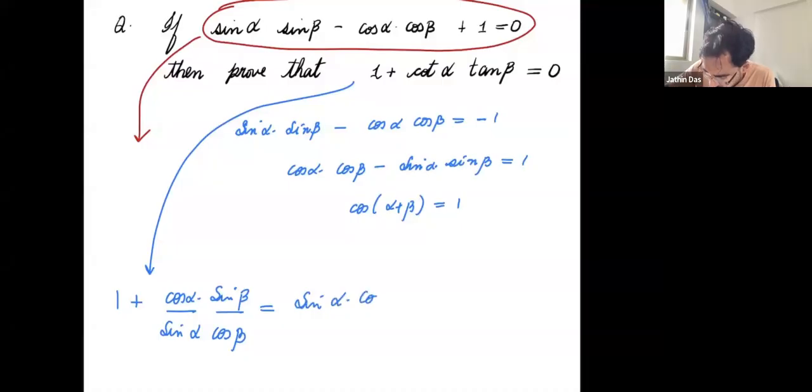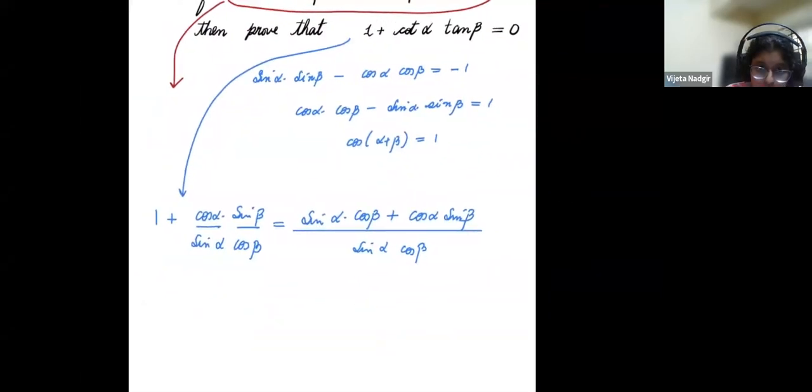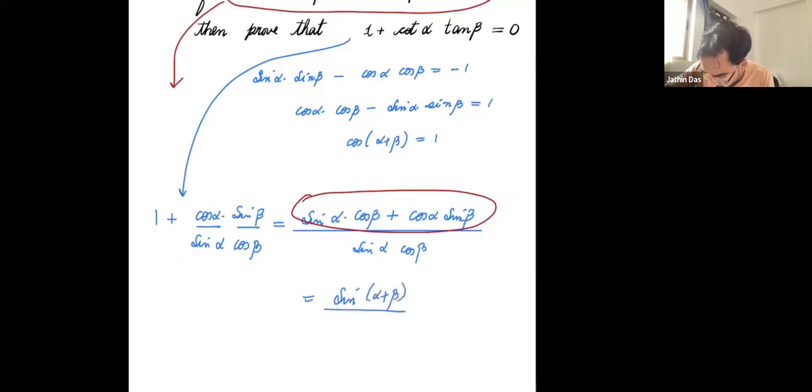Sin alpha cos beta plus cos alpha sin beta divided by sin alpha cos beta. What is this numerator? Sin alpha plus beta, divided by sin alpha into cos beta.